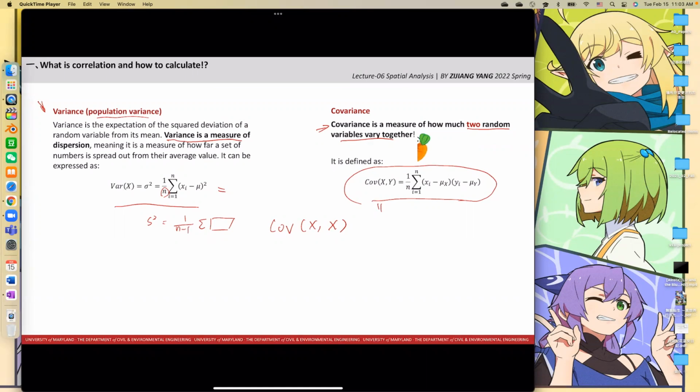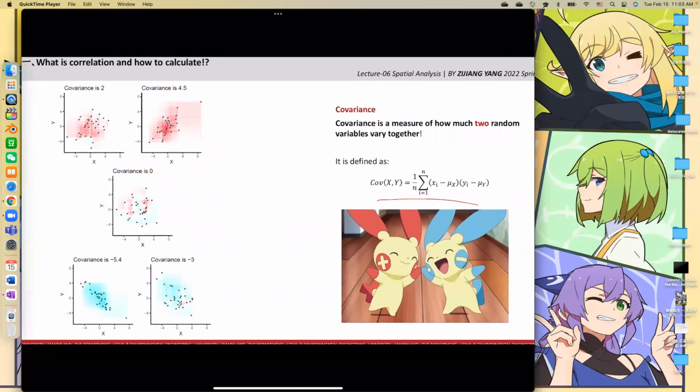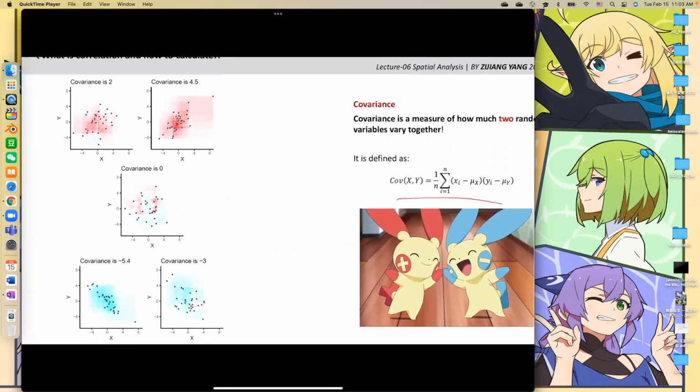Let's start taking notes. Let's look at more about covariance. This is the definition, and intuitively, the value of covariance can reflect the relation between two variables.